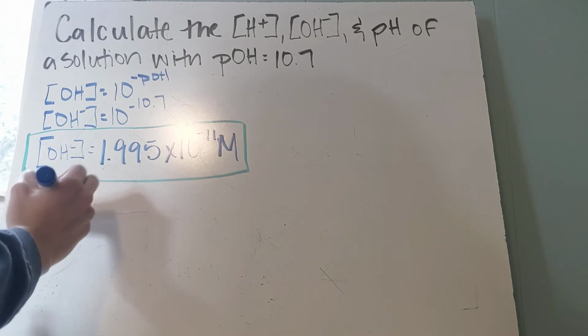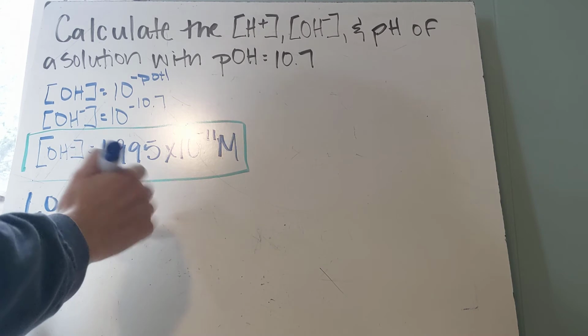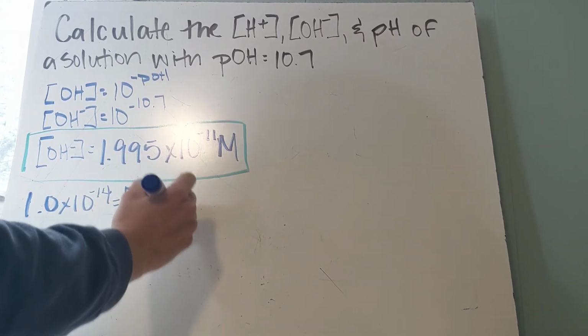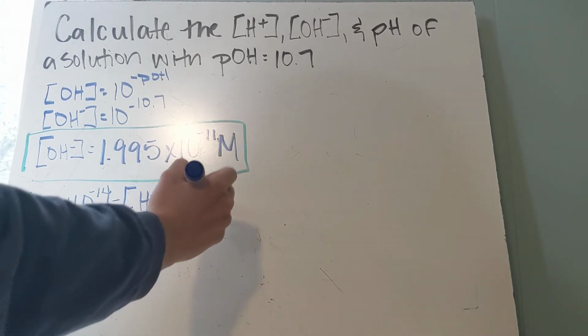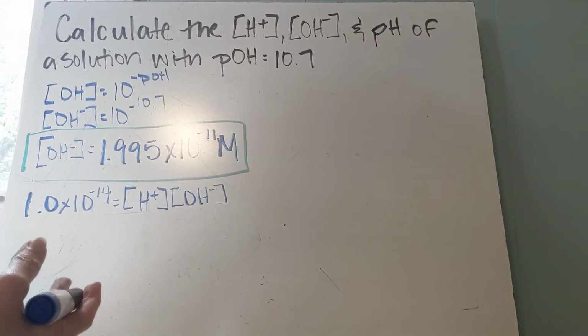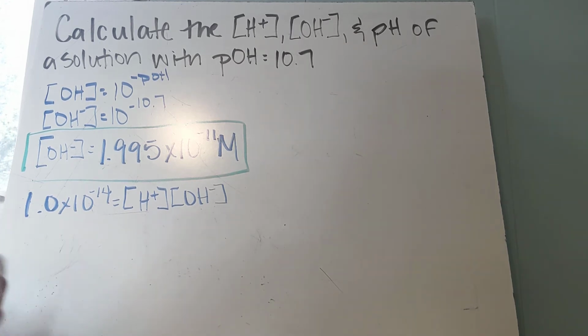So I've got 1.0 times 10 to the negative 14th molar is equal to H plus multiplied by OH minus. And again, if you find this way more difficult, you can skip ahead and do this a different way. I wanted to show you a different way and brush up on our skills that we used in one of the last couple of videos.